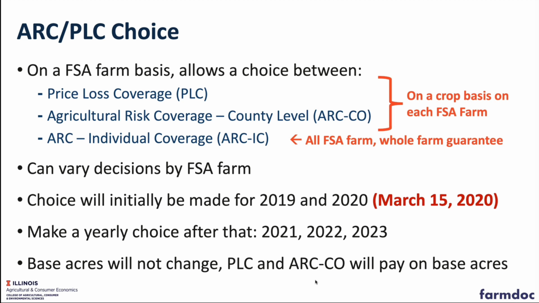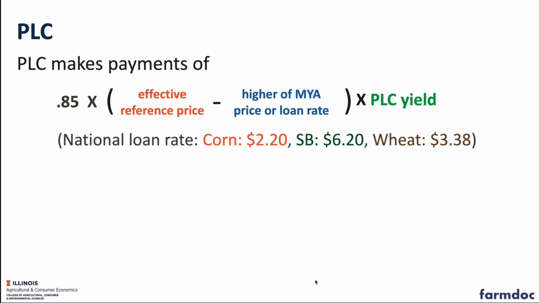So here's the PLC payment: effective reference price minus the higher of the market year average price or the loan rate, times the PLC yield. Again, PLC yield, you can update those this time around. For 2019, it is the yield that you have. You can update those yields, and we'll talk a little bit more about that later. It's a relatively straightforward decision.